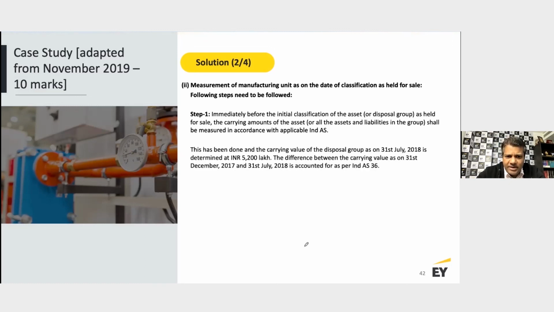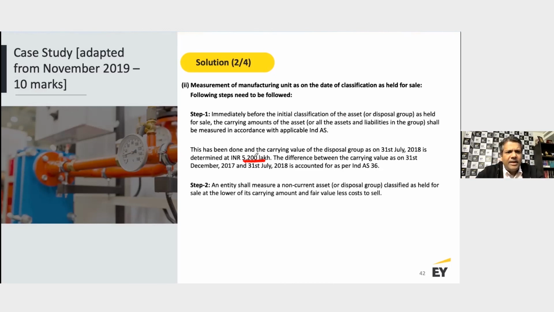This has been done, and it has been determined as 5,200 lakhs. The difference between the carrying value as on 31st December and 31st July is charged to the P&L. Step 2, an entity shall measure a non-current asset classified as held for sale at the lower of its carrying amount or fair value less cost to sell.